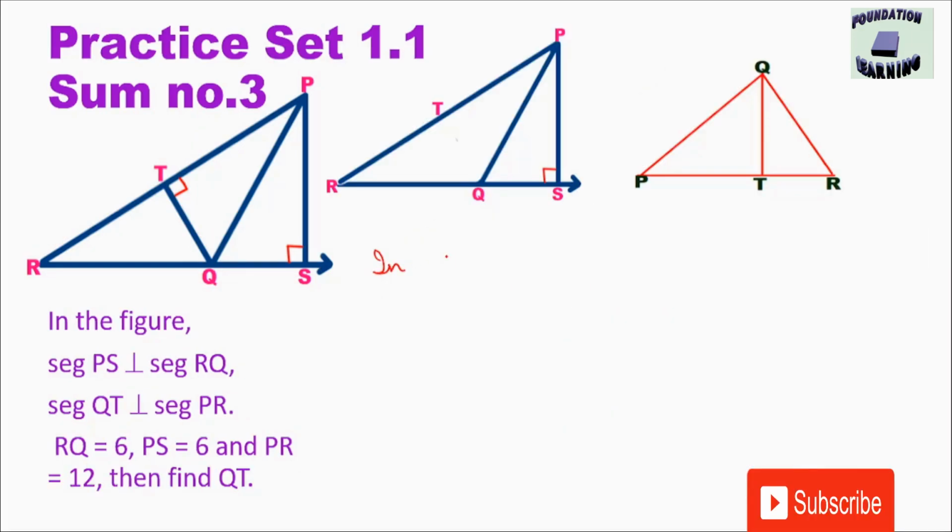Again we will find the area of the triangle with a different height. In triangle PQR, base is PR, height is QT.